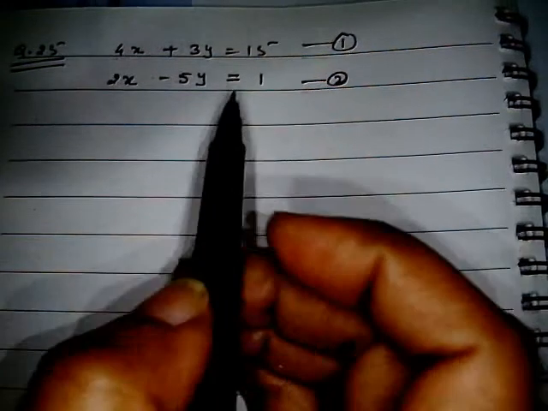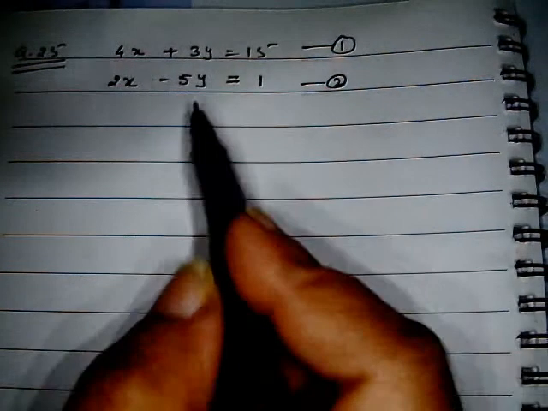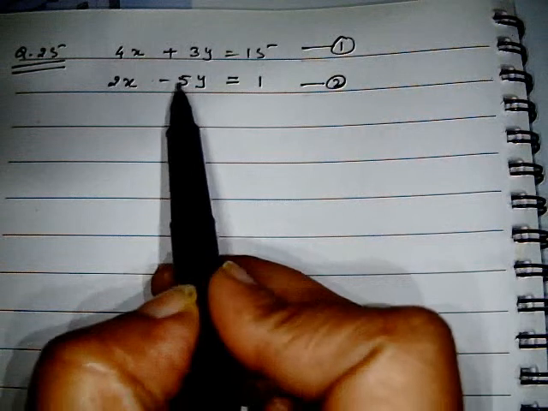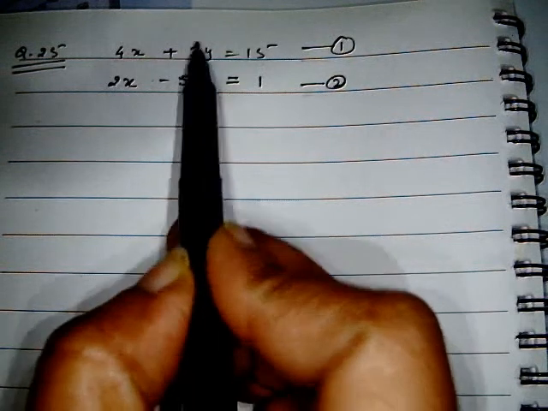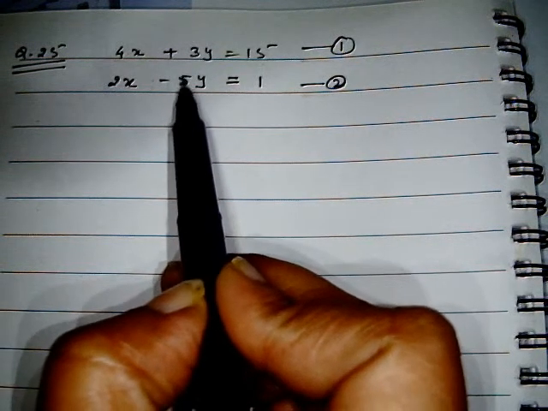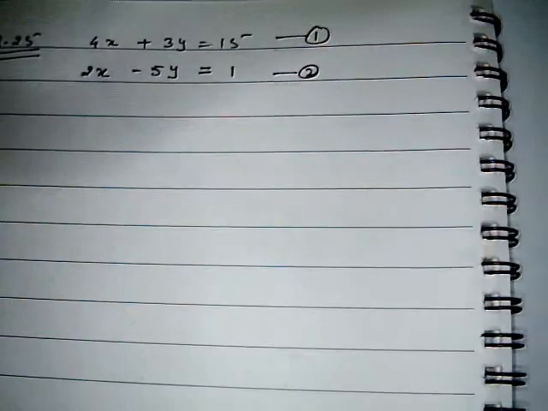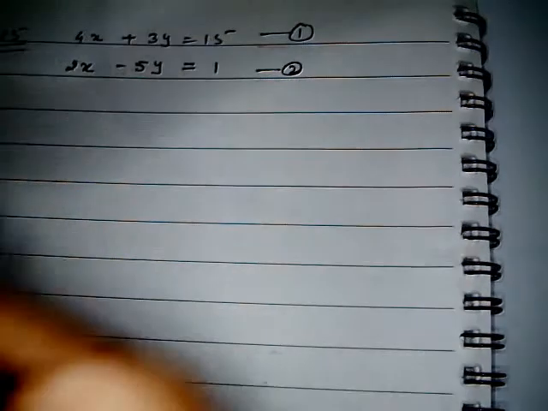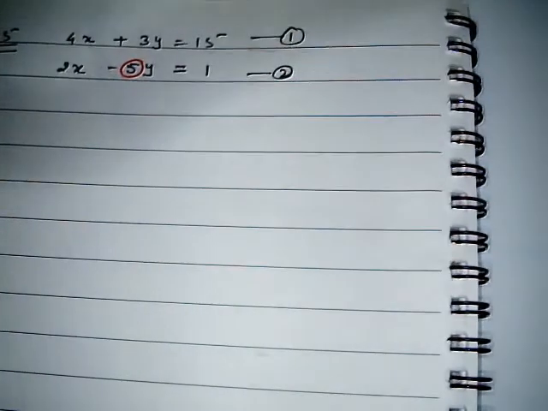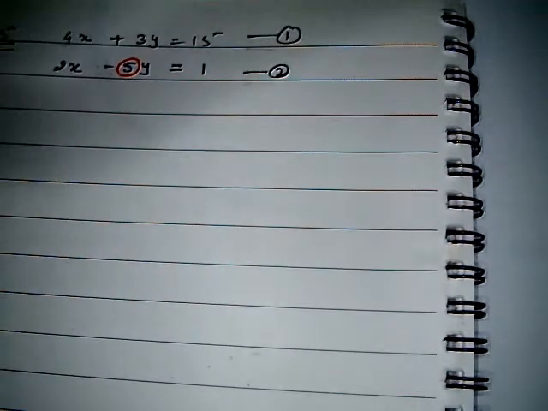To make the y coefficient the same, I need to multiply equation 1 by the y coefficient of equation 2 and equation 2 by the y coefficient of equation 1, without considering the sign.